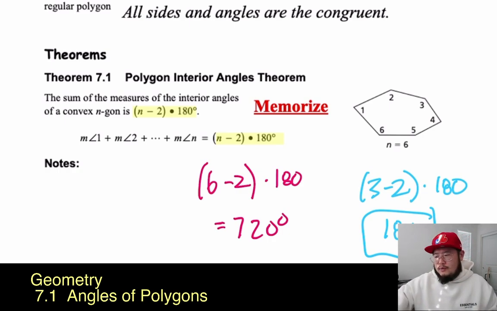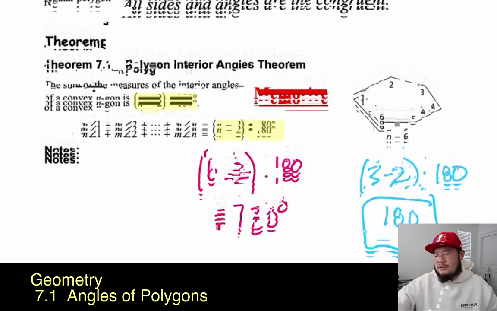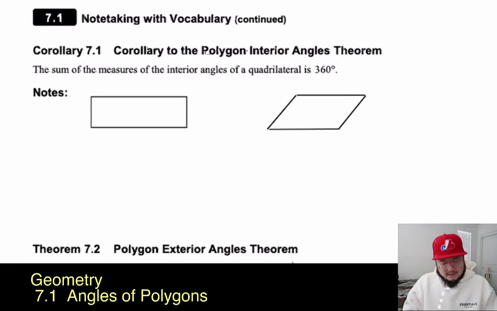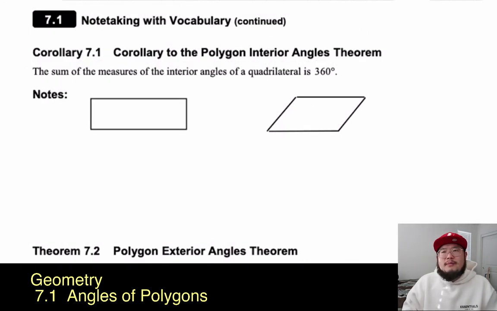Next up, we have the corollary to the polygon interior angles theorem. This says the sum of the measures of the interior angles of a quadrilateral is equal to 360 degrees.